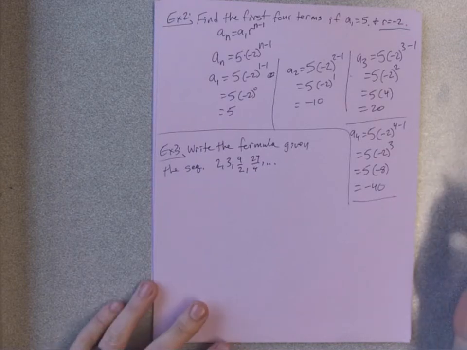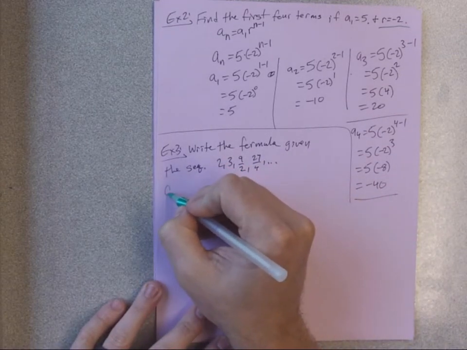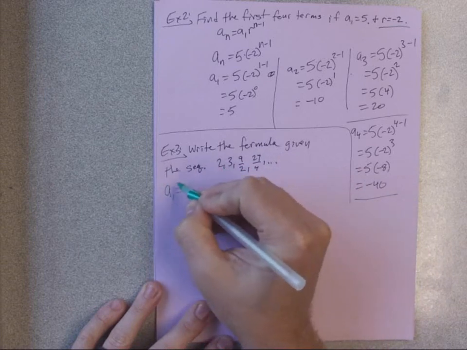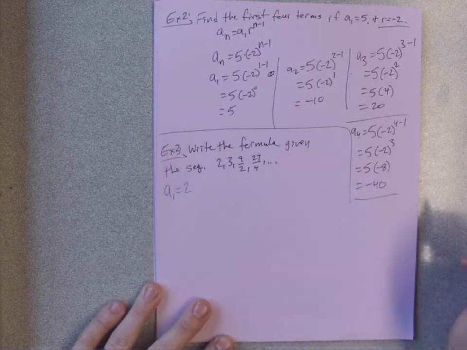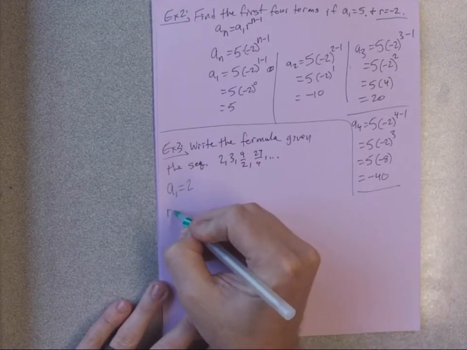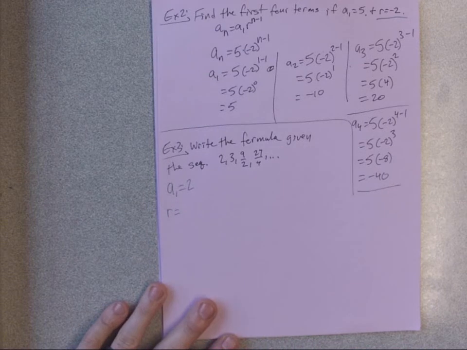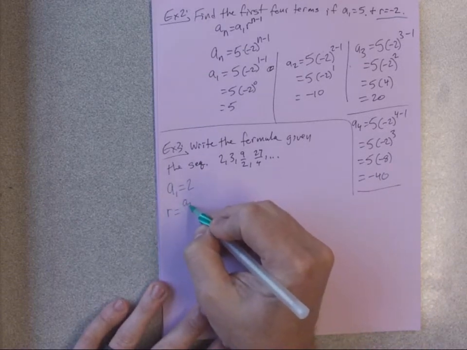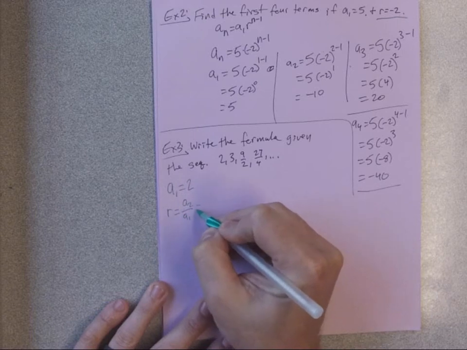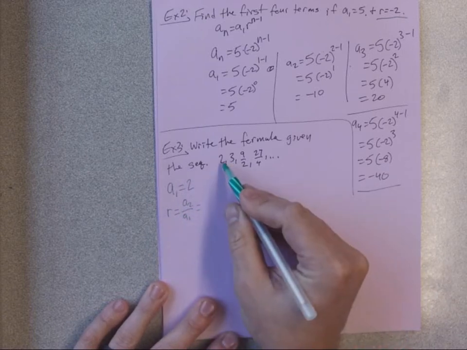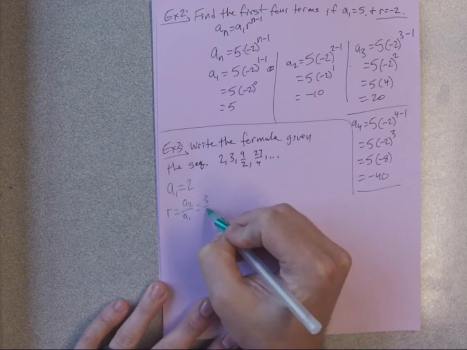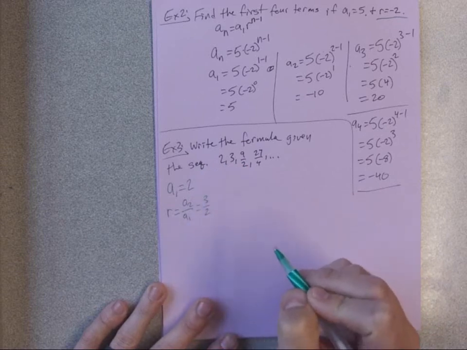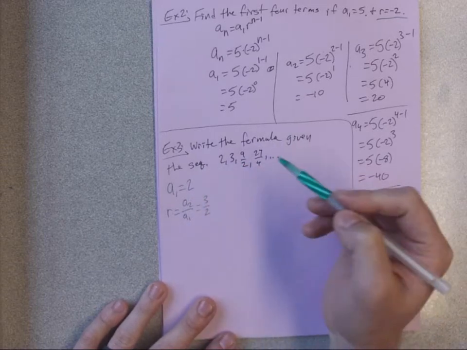Alright, so let's label. First thing I know, a1 is 2. And then I need to find r. I know I'm going to have to find that eventually, so let's go ahead and do it now. To find this, it's a2 over a1. So 3 divided by 2. And that would be your r. And you can go ahead and try a3 divided by a2.